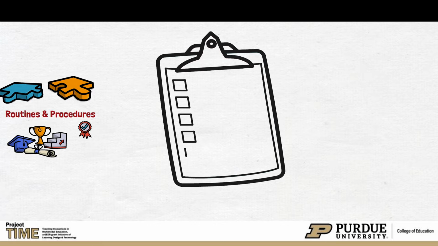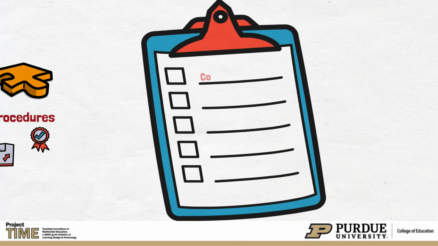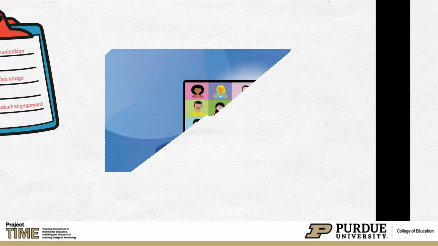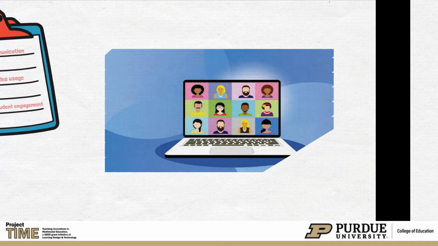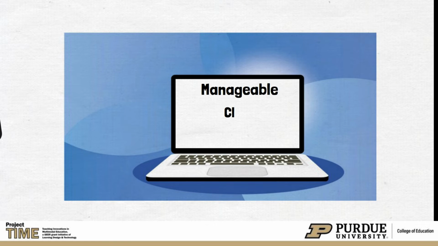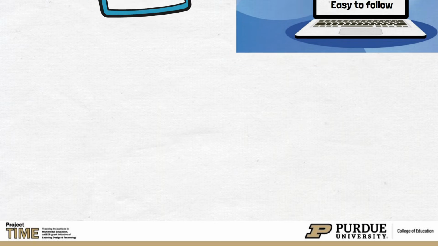Before video conferencing with students, reflect on how communication, student video usage, and student engagement impact video conferencing preparations and management. Consider how teachers and students will communicate with one another during synchronous real-time video conferencing. It is important to create procedures for real-time communication that are manageable and are clear and easy for students to understand and follow.